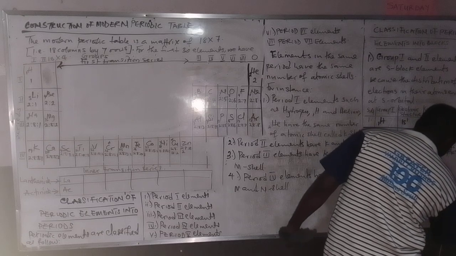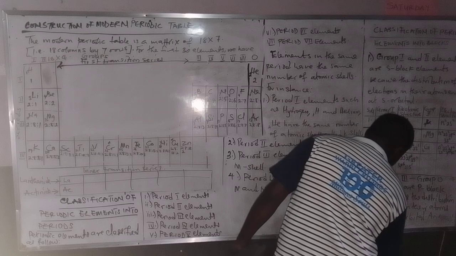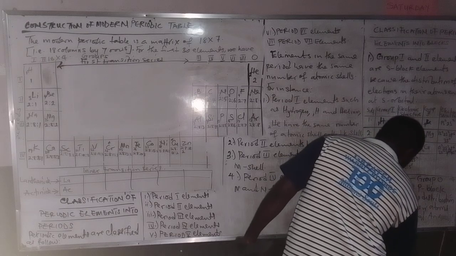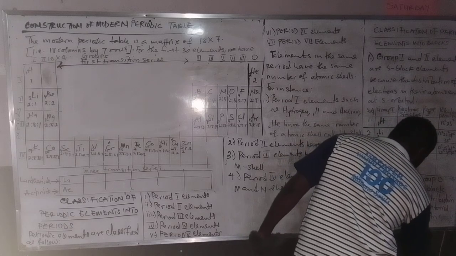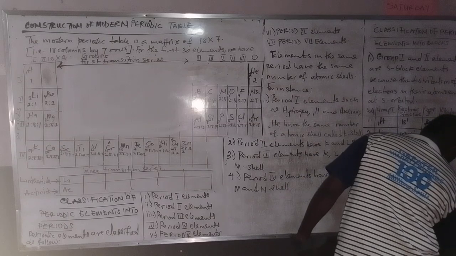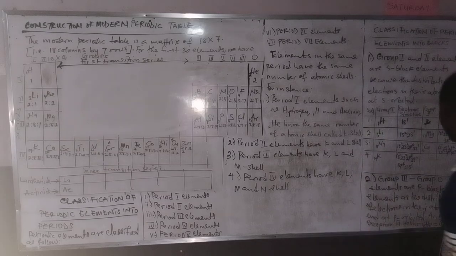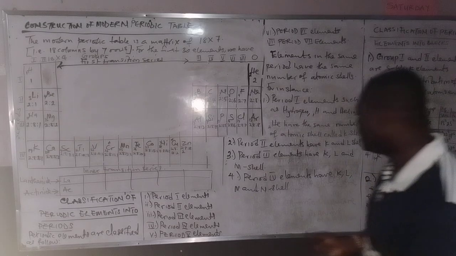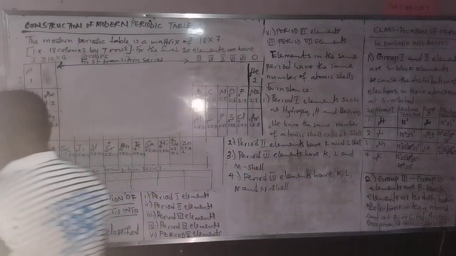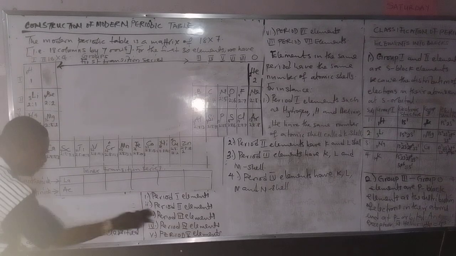An exception is helium, He2, whose configuration is 1s2, which belongs to s block, is the only one that is behaving like that. So every other one, let's check what I'm talking about here.